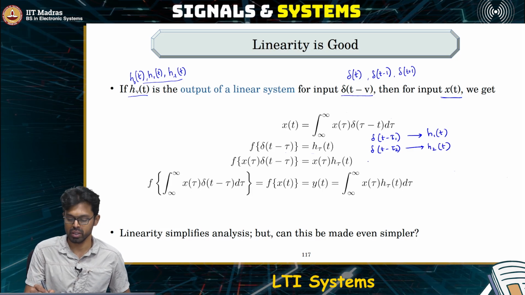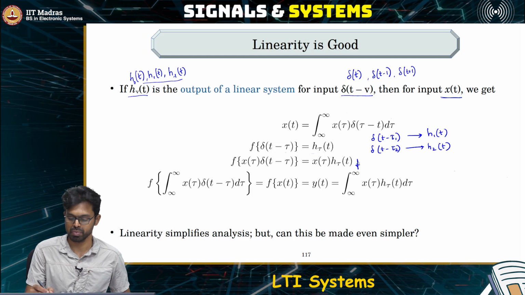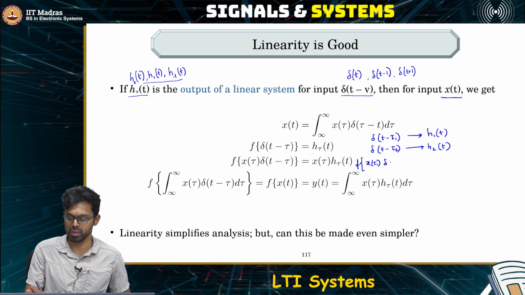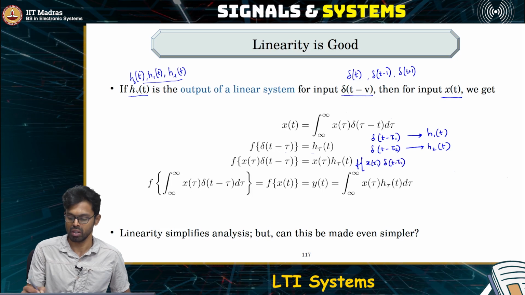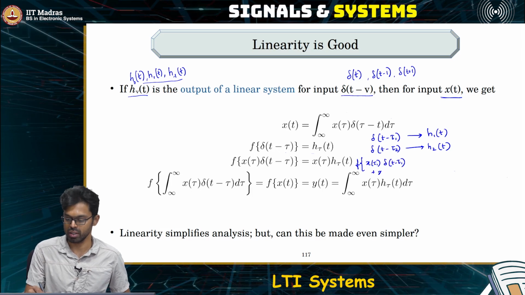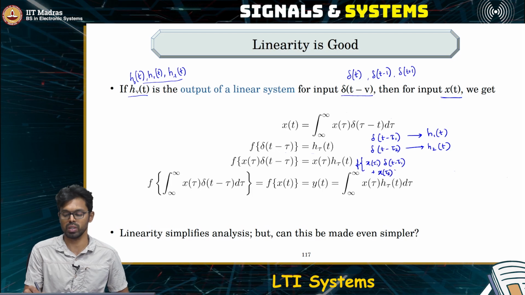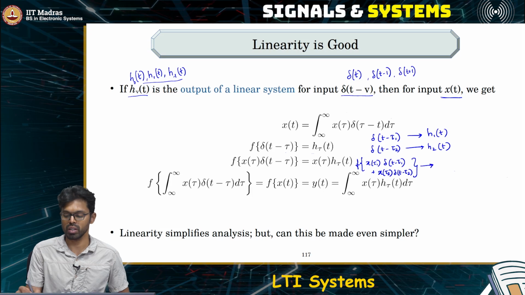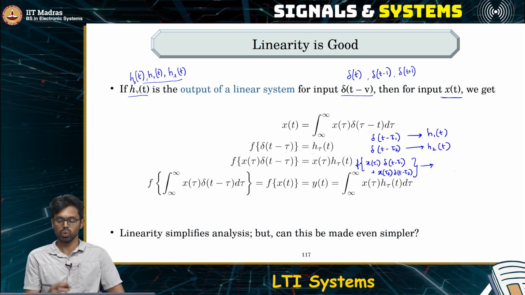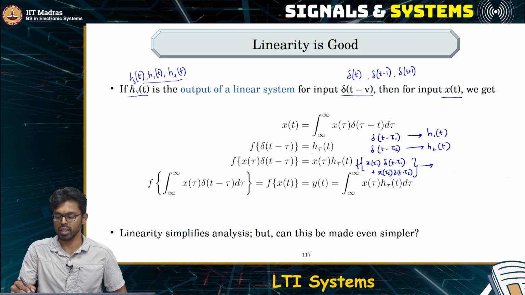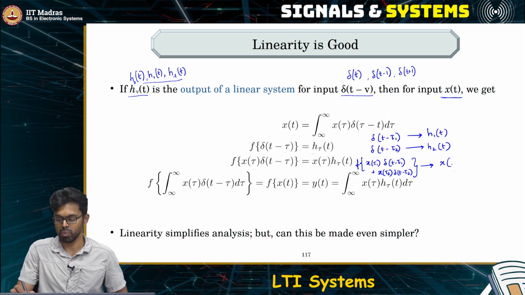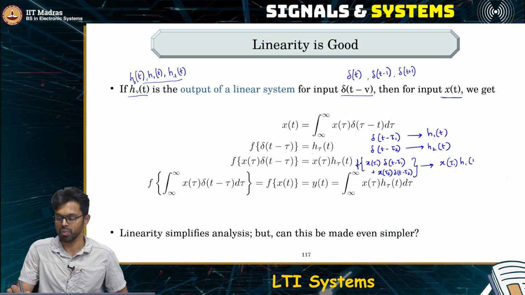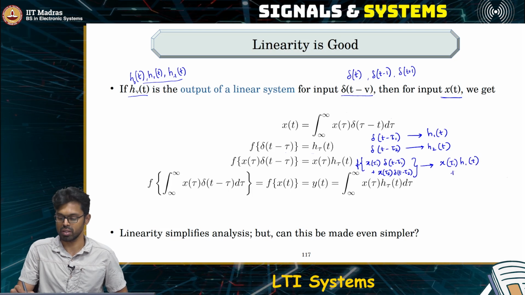Now what will be the output of the system for x of tau1 times this shifted Dirac delta plus x of tau2 times the shifted Dirac delta? Once again, we can use the linearity property, basically the superposition property, which says the outputs will not only get scaled, but the additive nature will remain as such.